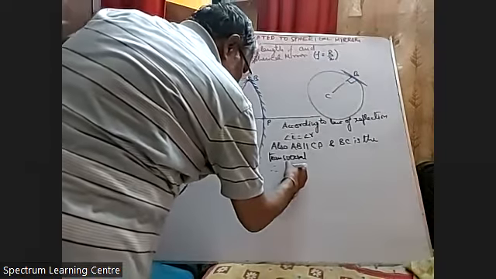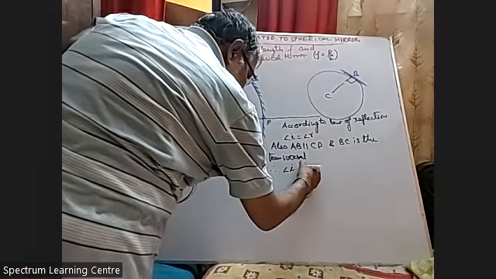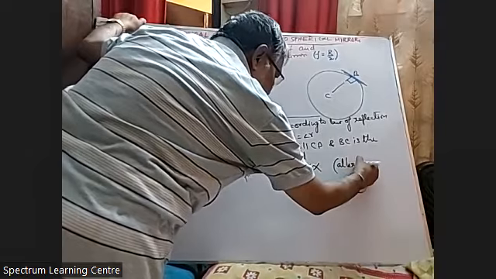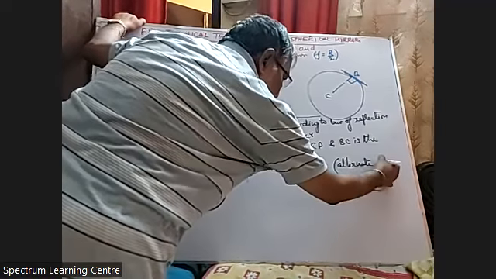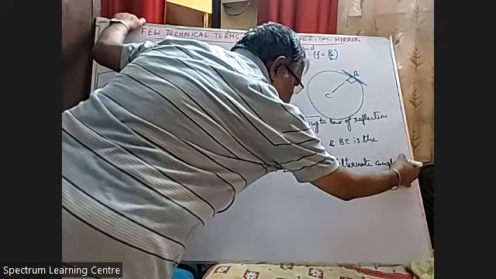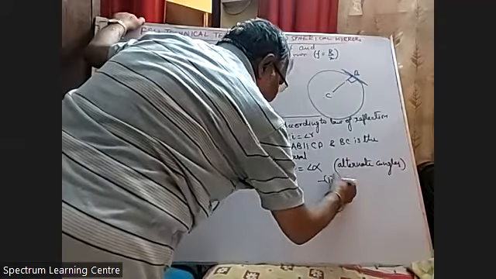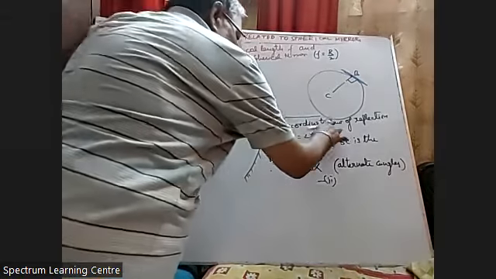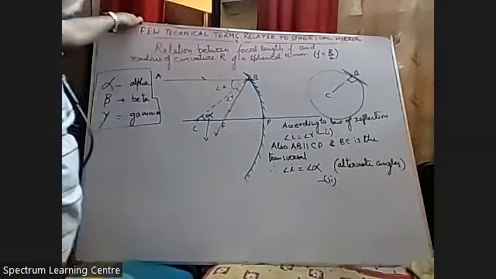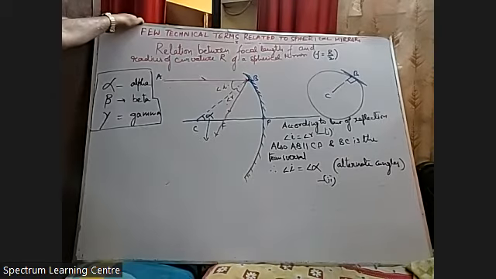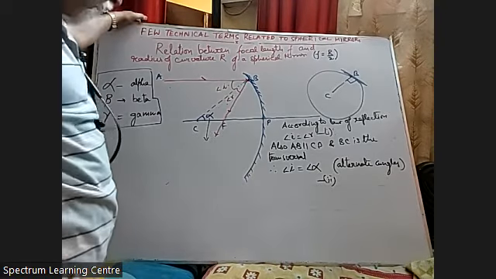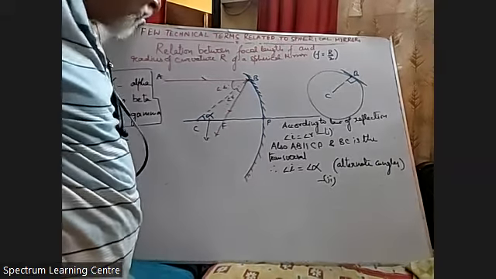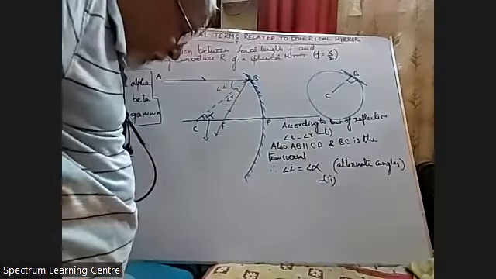Therefore, angle I is equal to angle alpha, alternate angles. Am I right? This is my equation 2, and this is my equation 1. Equation 1 is angle I is equal to angle R.